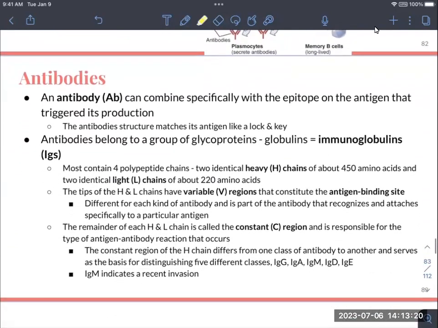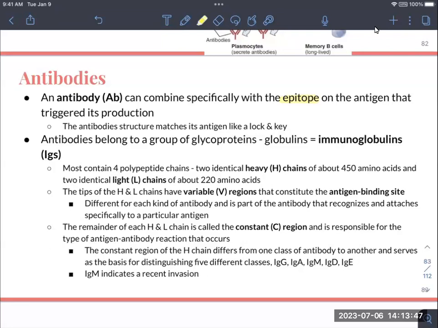So an antibody specifically, again, combines with these epitopes that are on these antigens, and it kind of triggers production. It's another one of those lock and key situations. They only fit specific things.